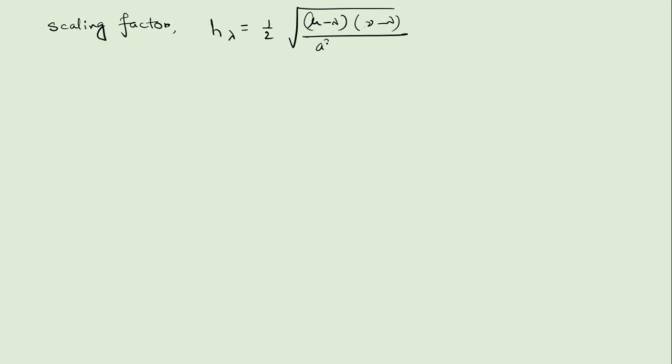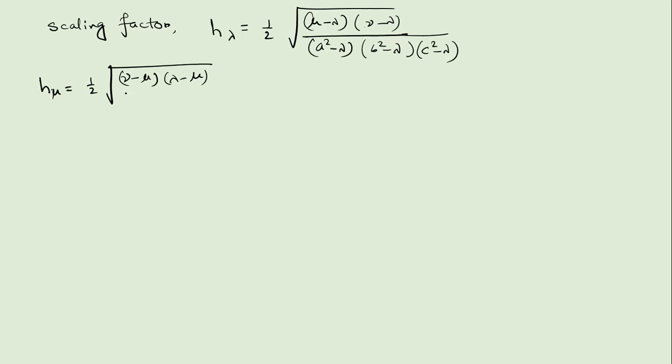So the scaling factors are: h lambda will be 1 by 2 root under mu minus lambda into nu minus lambda, divided by a square minus lambda, b square minus lambda, and c square minus lambda, and h mu will be half root under nu minus mu and lambda minus mu, divided by a square minus mu, b square minus mu, and c square minus mu.